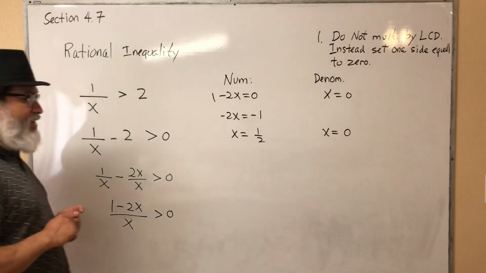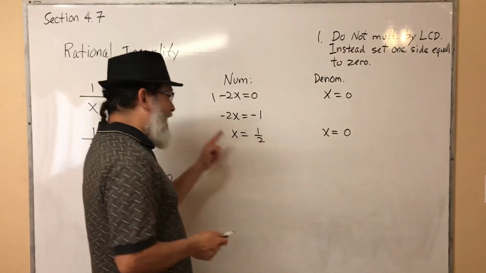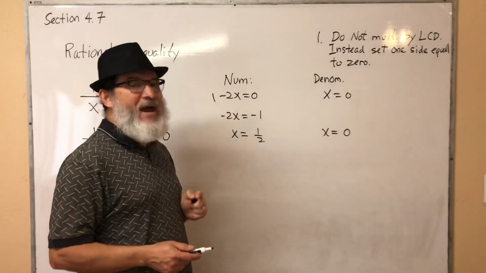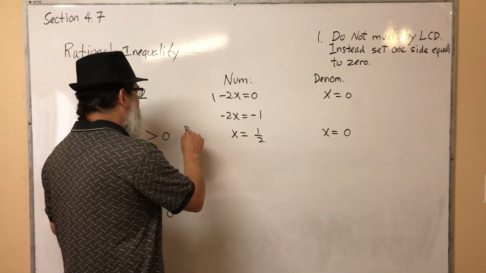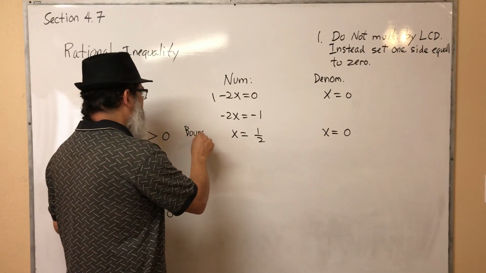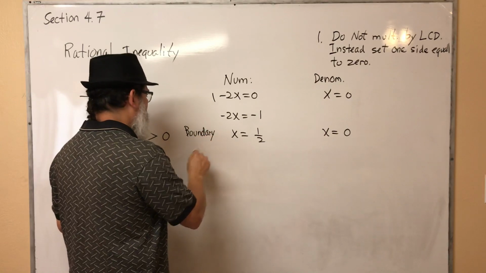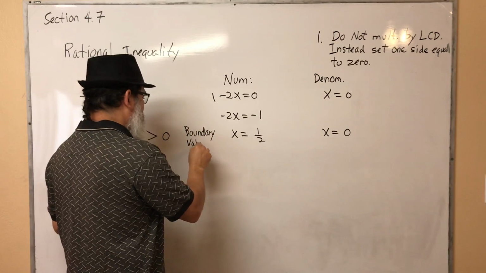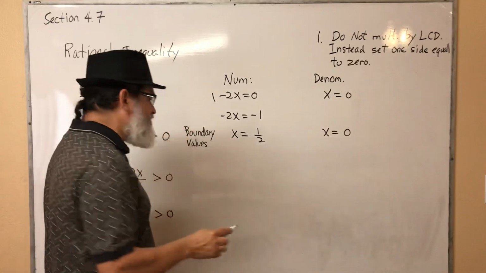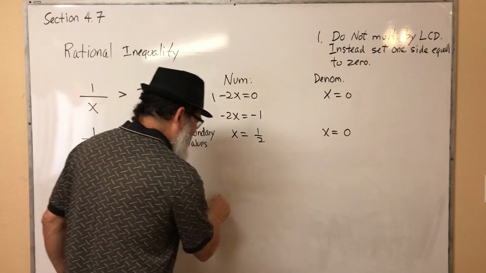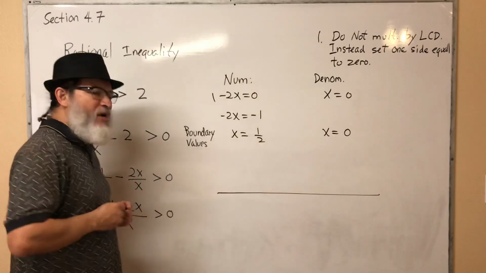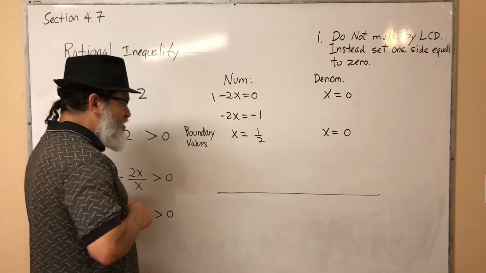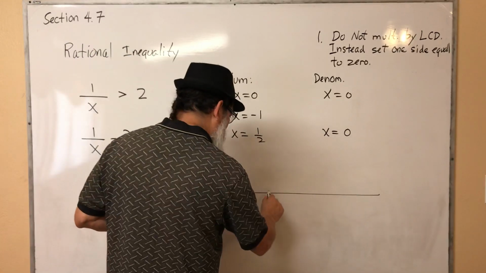Now, I call these values boundary values. I'm going to take these boundary values and graph them on the number line. So here is 0.